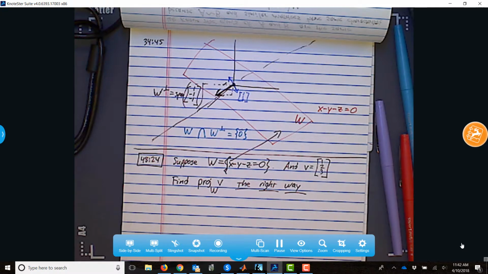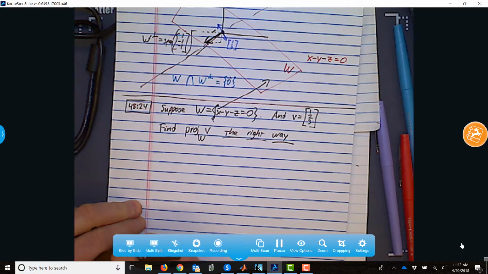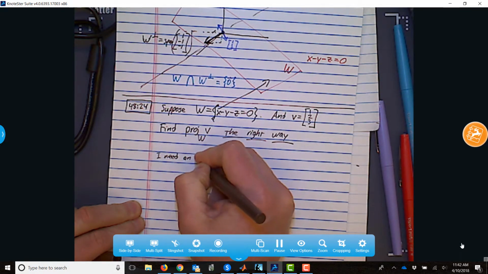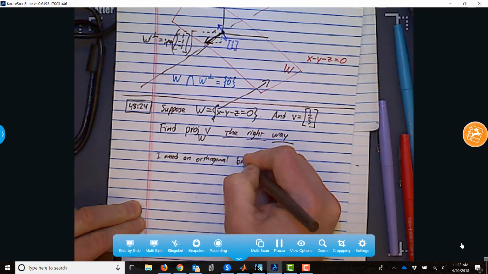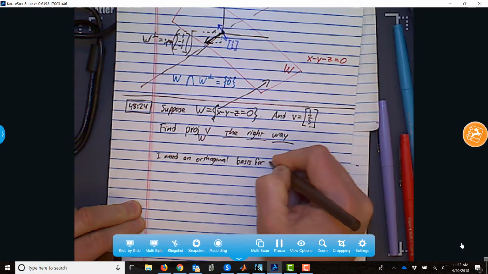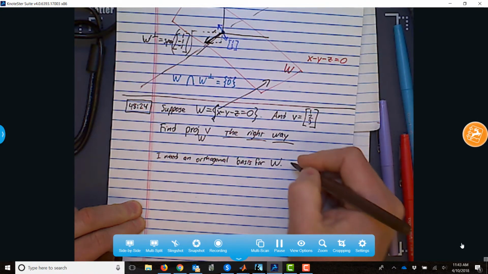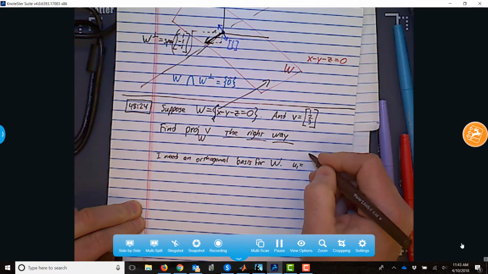Okay? So let's try and figure out what you should get when you project. I guess the first thing is I need an orthogonal basis for W. So let's take U1 equal to 1, 1, 0, just like they did last time.